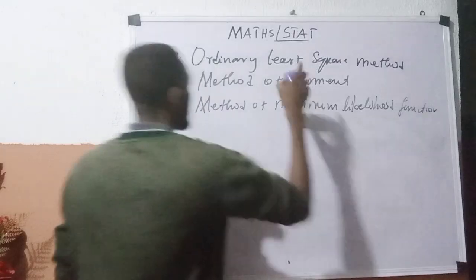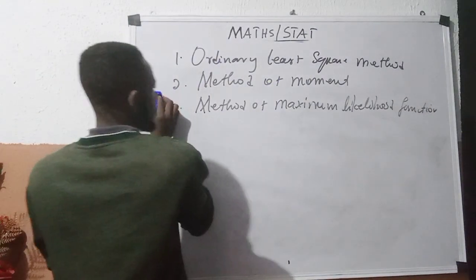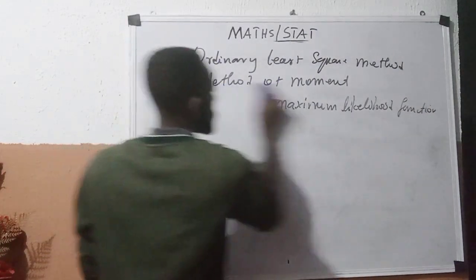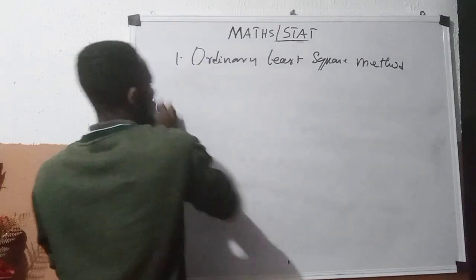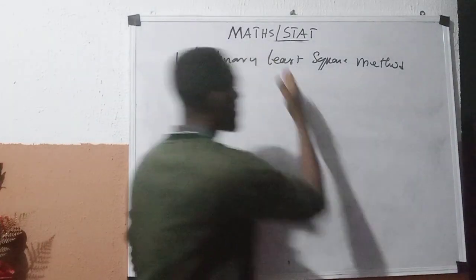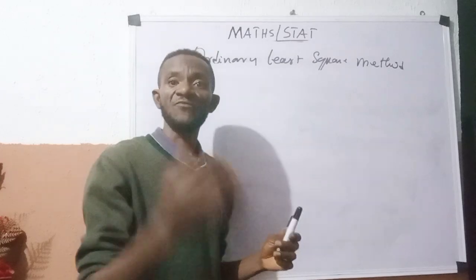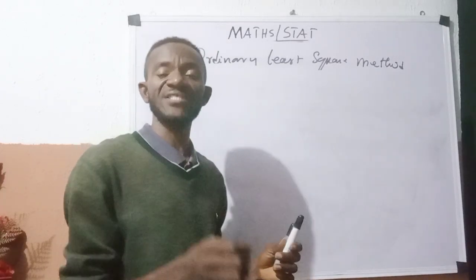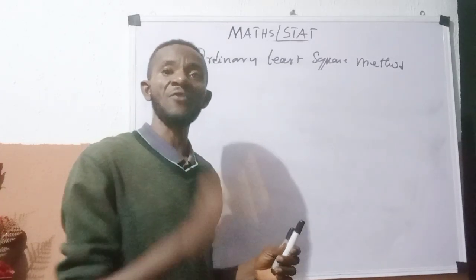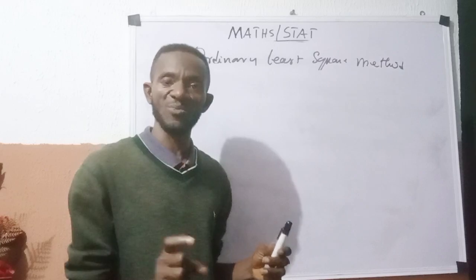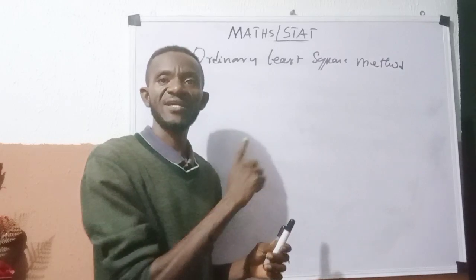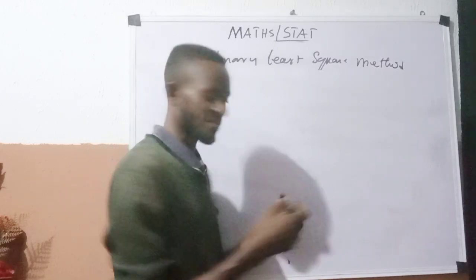So permit me to clean here. When we use this method to estimate the intercept, which is beta 0, and the slope, which is beta, their formulas can be given this way.